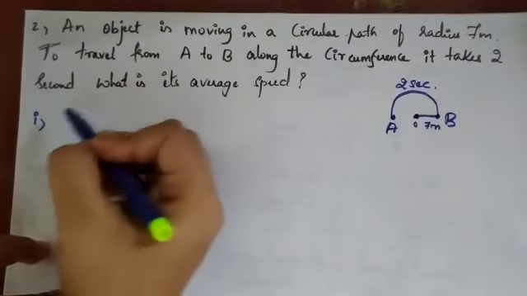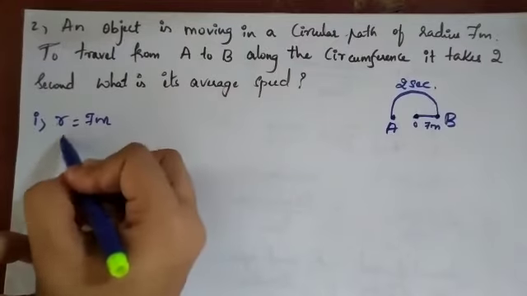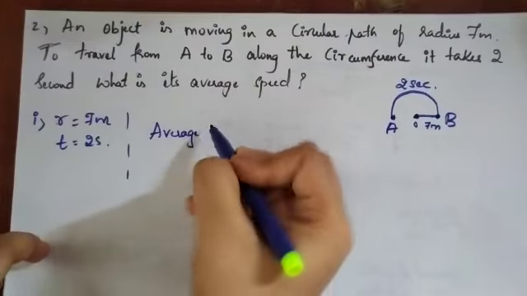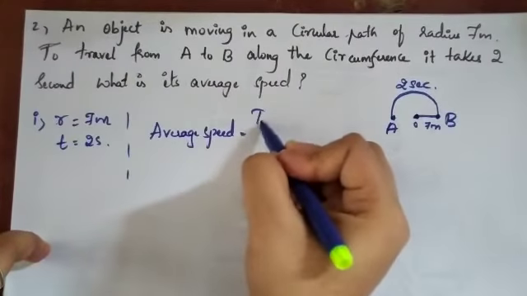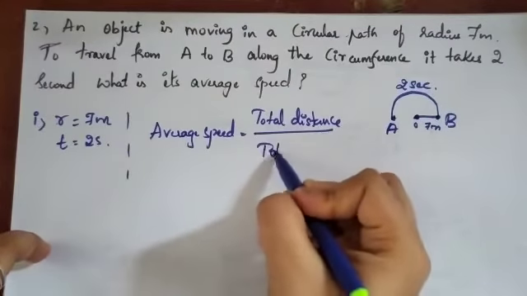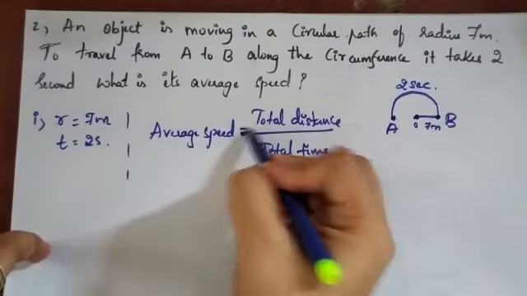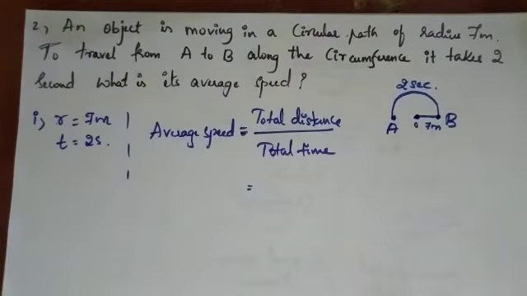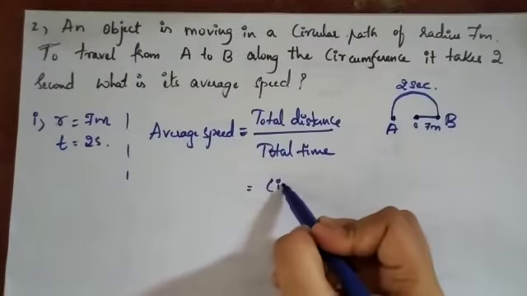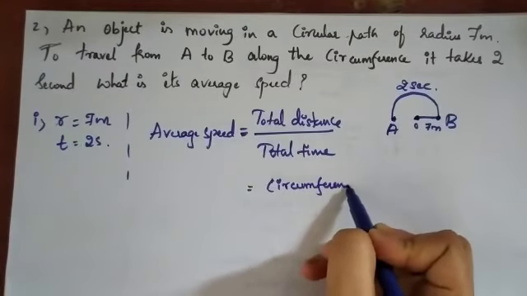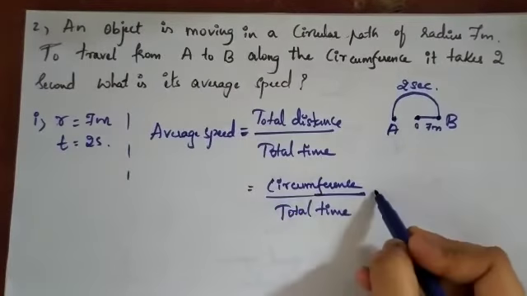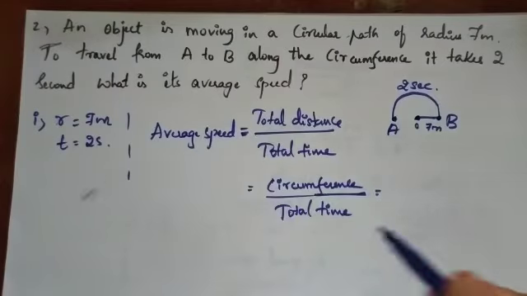Radius is given as 7 meter, time is given as 2 seconds. The formula for average speed is total distance traveled divided by total time taken. The total distance here is the circumference, and it is half of the circle.